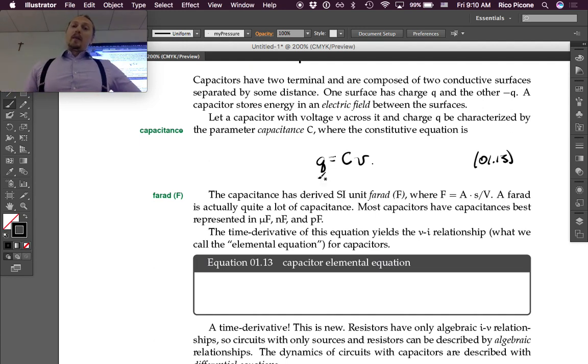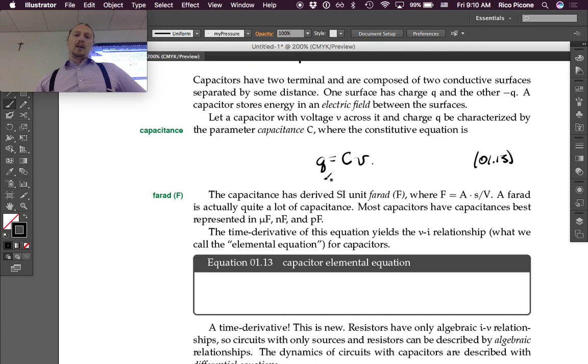For a capacitor, this relationship is found by taking the time derivative of the constitutive equation, which is something that we're going to notice is a theme. If you take the time derivative of the constitutive equation, then you get the elemental equation that describes the VI relationship.